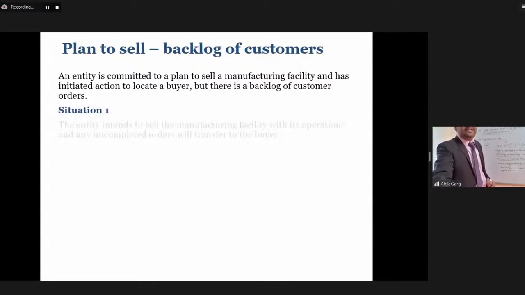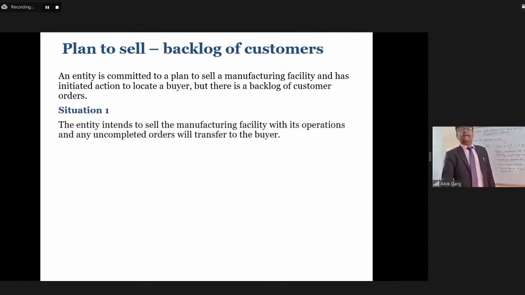Again, one more case study. Situation number 1. An entity is committed to a plan to sell a manufacturing facility, a factory, and has initiated action to locate a buyer. But there is a backlog of pending orders. The entity intends to sell the factory with its operations, and any uncompleted order will transfer to the buyer.